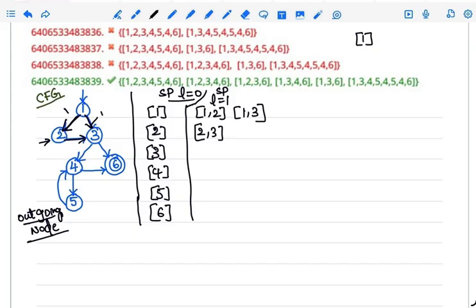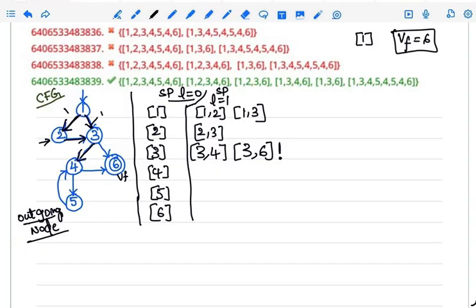Starting from 3, there are 3 to 4 and 3 to 6. 6 is the final vertex VF, so we represent this with an exclamation mark to identify that this path cannot be extended. A path that ends with the final vertex, 6, cannot be extended.